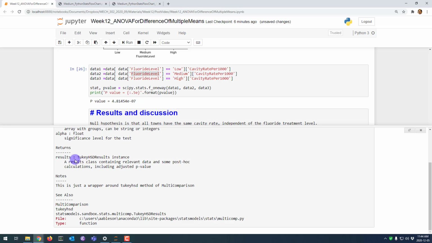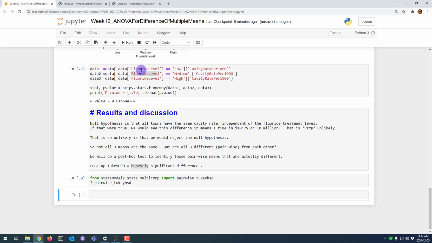So as a minor bonus, we should do that one more time and figure out what the return values are. We're going to get a result, and we're basically just going to print that. It's going to have a whole bunch of data in it. All right. The surprising thing is, for the post test like this, where we're comparing all the pairs, we don't actually have to break up the data. I don't know why they haven't structured it the same way in the input, but there it is. So let us do this.